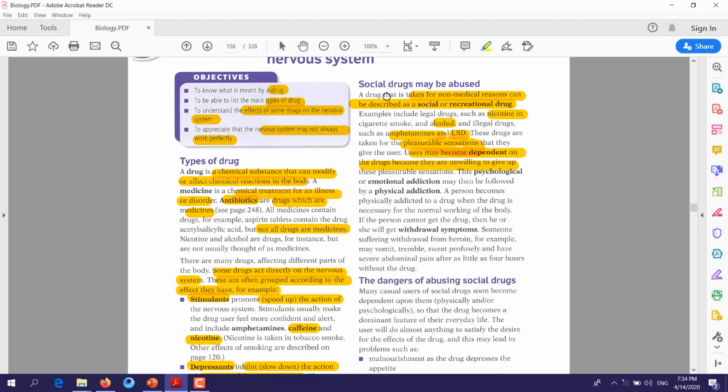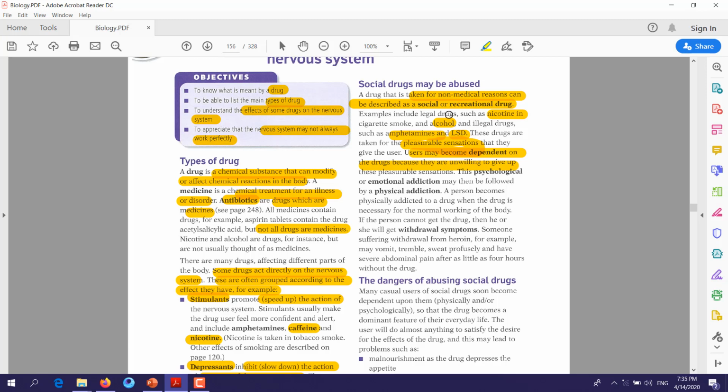Another kind of drugs we call social drugs. Social drugs may be abused. A drug that is taken for non-medical reasons can be described as a social or recreational drug.